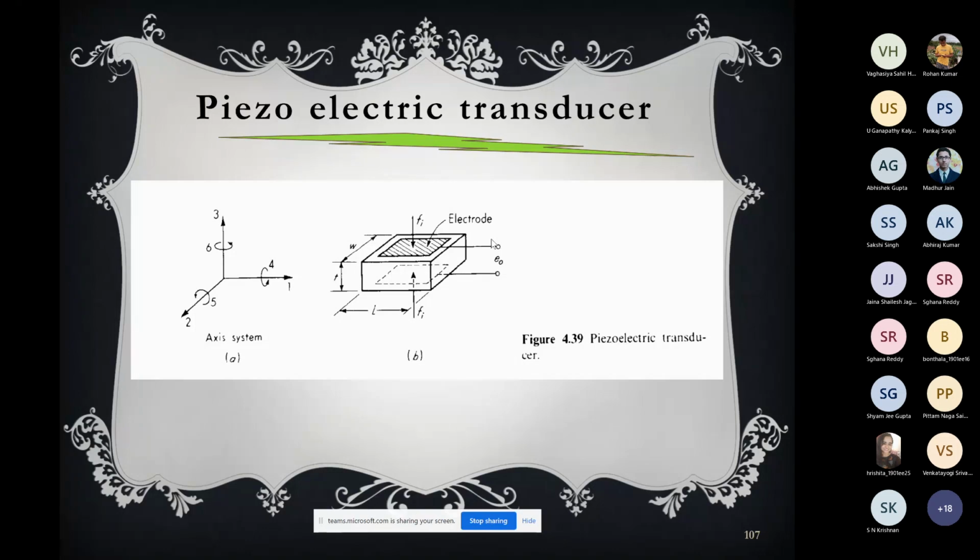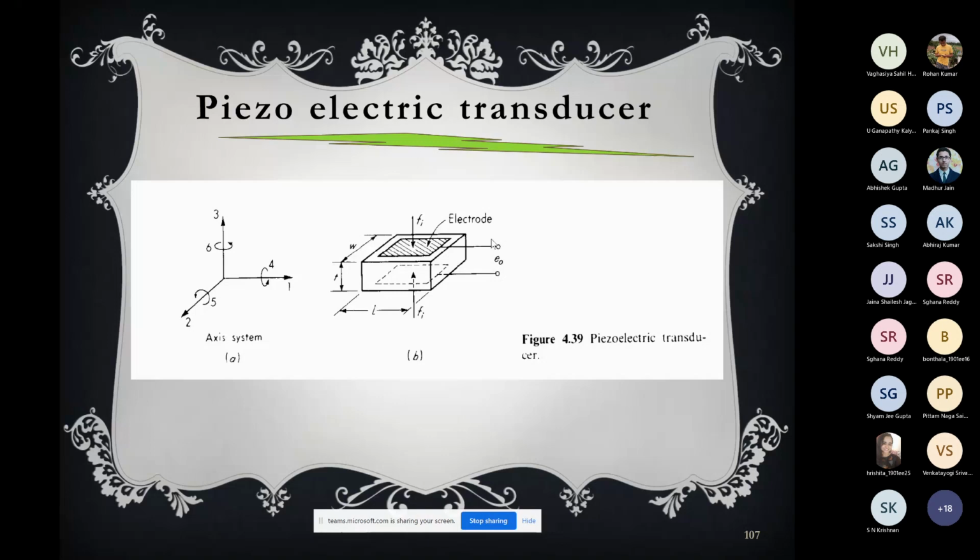So you need to build an electrode in such a way that when you apply pressure or force, the discontinuity does not happen. That type of electrode is called a compliant electrode. So we say the electrode must be compliant.